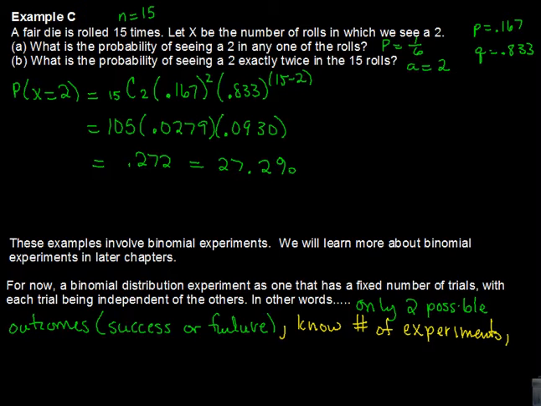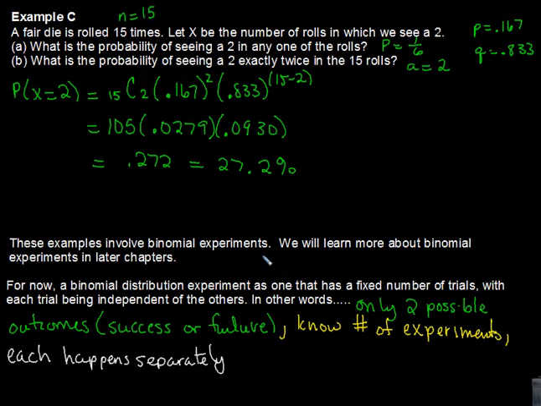And each happens separately. So if I want a true binomial experiment, if I want to roll a die 15 times, I don't take 15 dice and roll them all at once. I roll one die 15 times. Now, would your results be different?